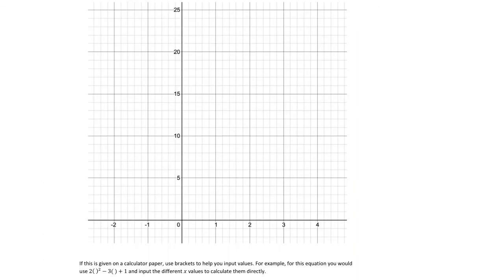So minus 2, 15 is plotted here. Minus 1, 6. 0, 1 is the next point. 1, 0. 2 was 3. 3 paired with 10.